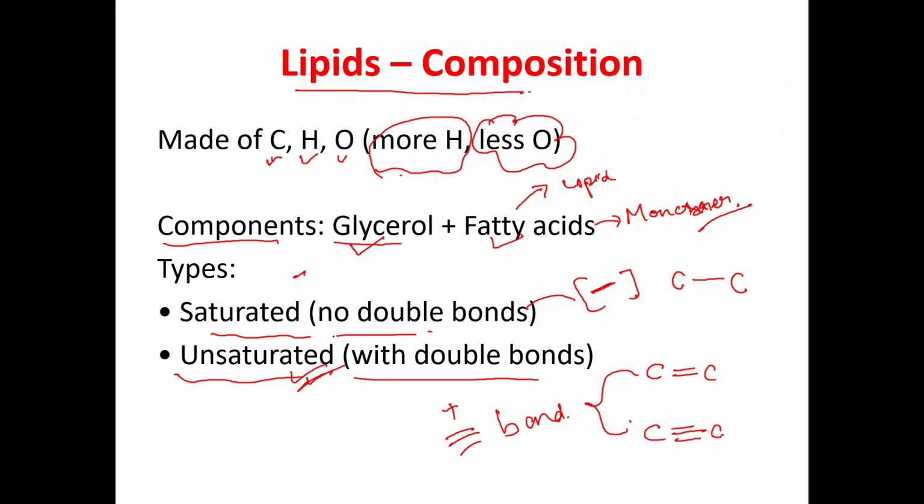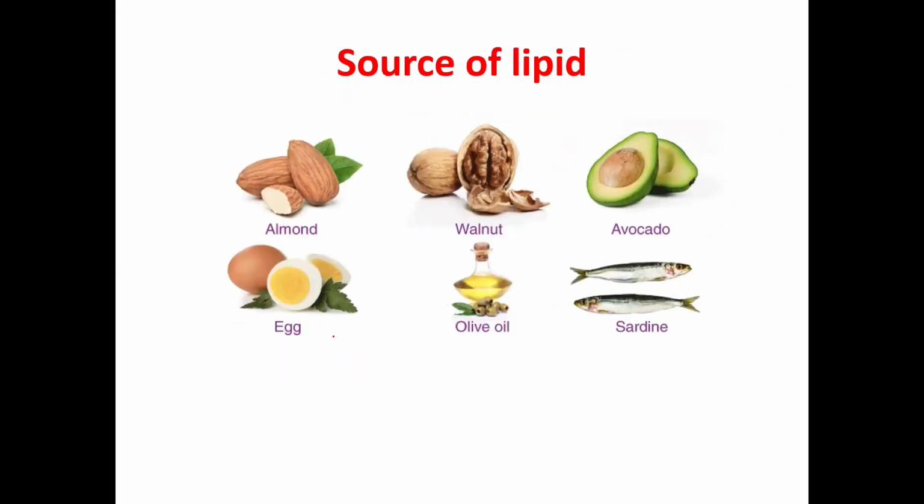So basically, lipids or fats are made up of carbon, hydrogen and oxygen, just like carbohydrates, but with different properties and different bonding patterns.